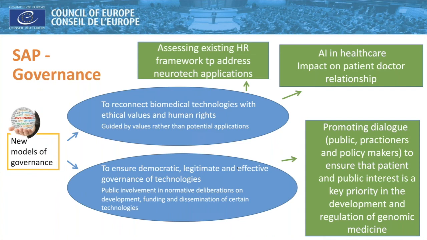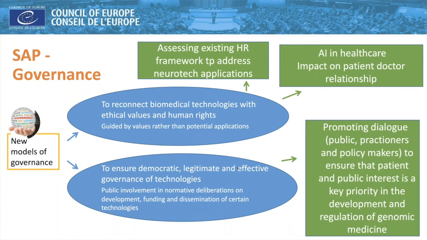And finally, in relation to governance, the action I wanted to highlight is linked to the second specific objective, which is to ensure democratic, legitimate, and effective governance of technology, with the idea that there was a need for trust in science and medicine, and to do that, human needs and public expectations were duly to be considered, and therefore public discourse was an integral part of new governance.